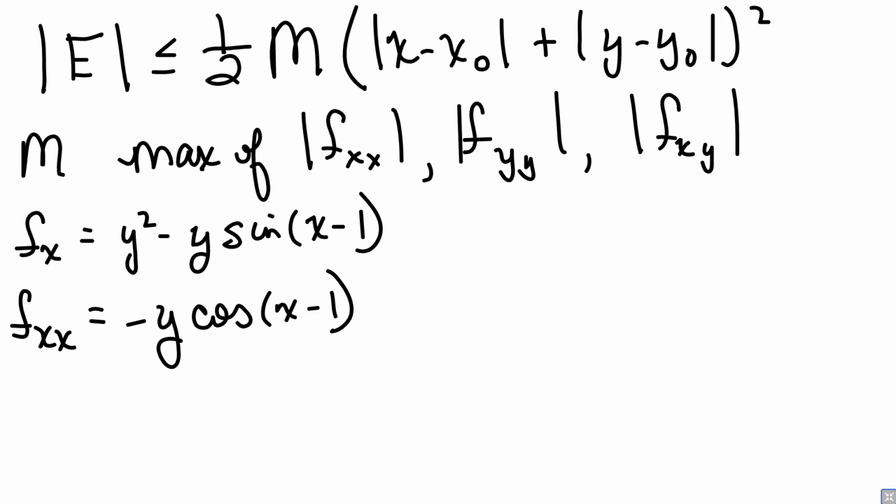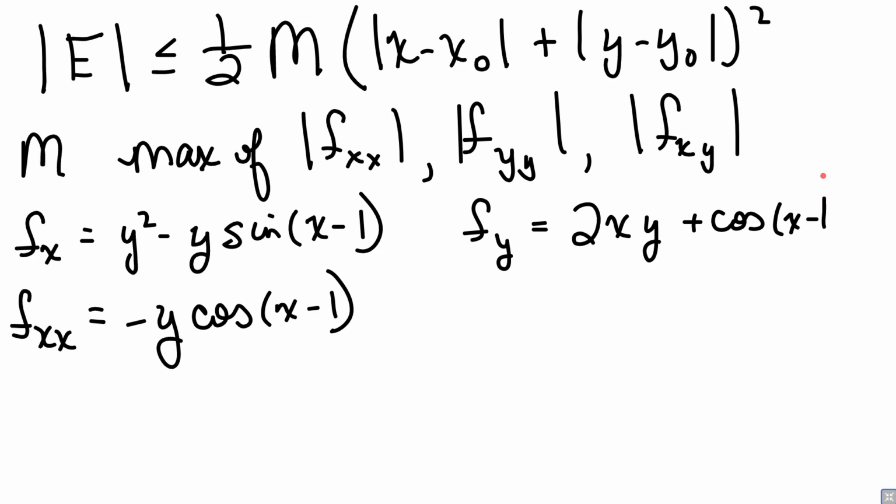All right. So next, we said the partial with respect to y was equal to 2xy plus the cosine of x minus 1.